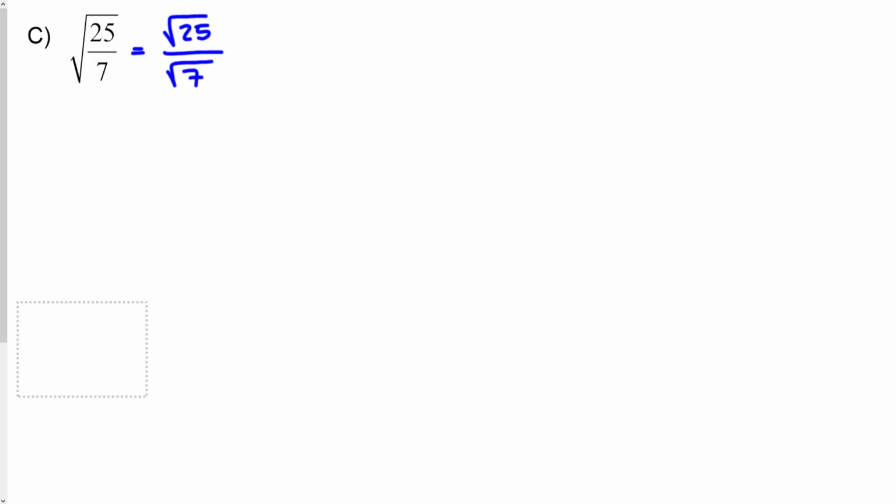That's fine. So this ends up being, because 25 is a perfect square, 5 over the square root of 7. But we haven't gotten rid of the square root in the denominator, so we still need to multiply top and bottom by square root of 7. So we're going to end up with 5 square root of 7 over 7.